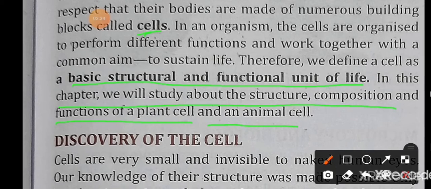In an organism, these cells are organized to perform different functions and they work together with a common aim to sustain life. That's why the cell is called the basic structural and functional unit of life. So, in this chapter, we will study the structure, composition and function of a plant cell and an animal cell. Before going to such topics, let's first learn the discovery of cell.